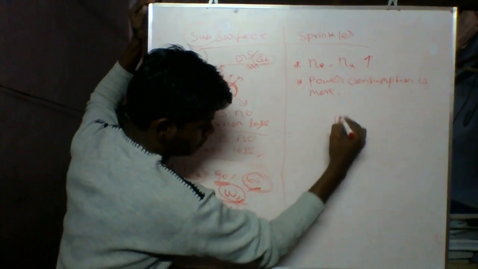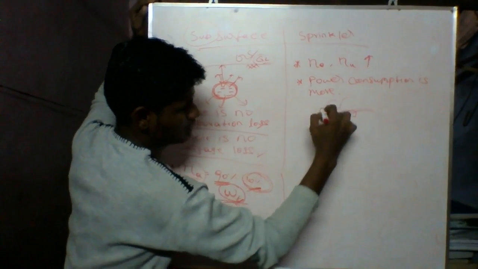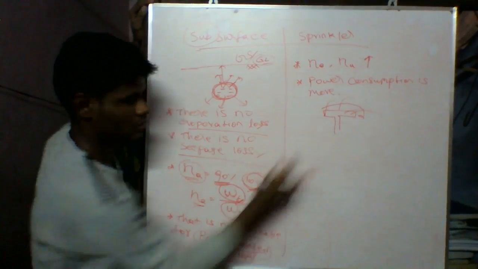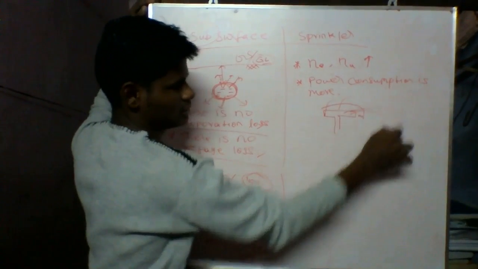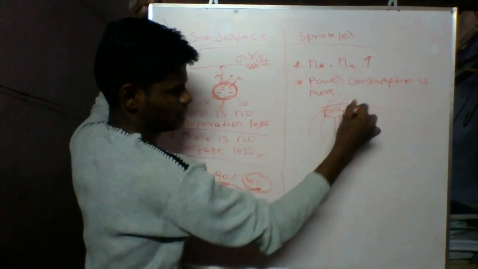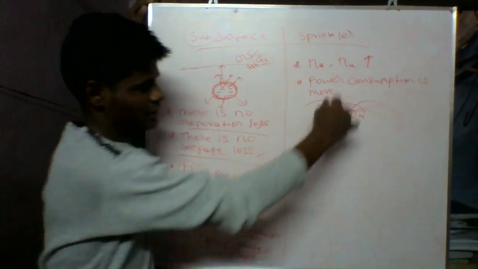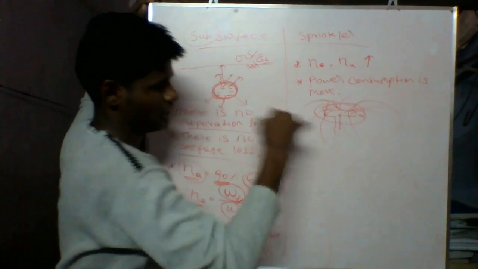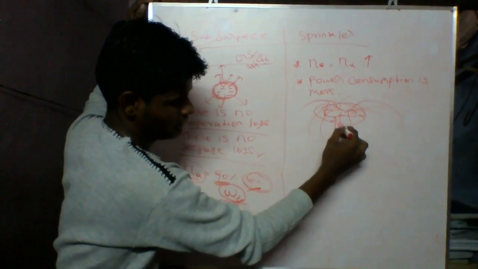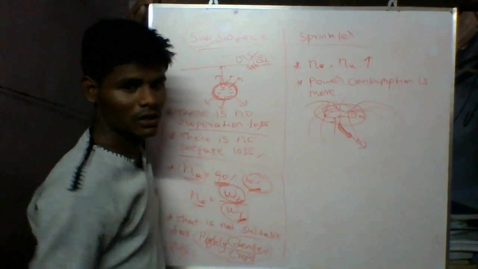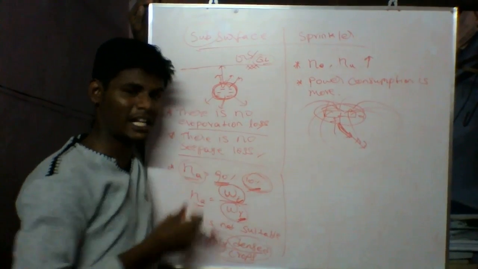You know about the sprinkler system, it is like this. The water is spread over, turned over 360 degrees. The water is supplied from the rotation of this system. The system is rotated by electrical current or a battery like this.